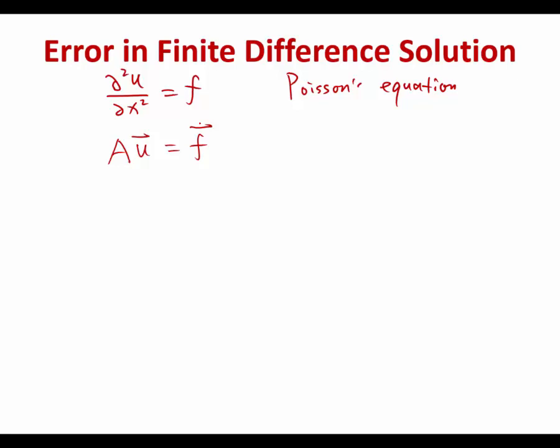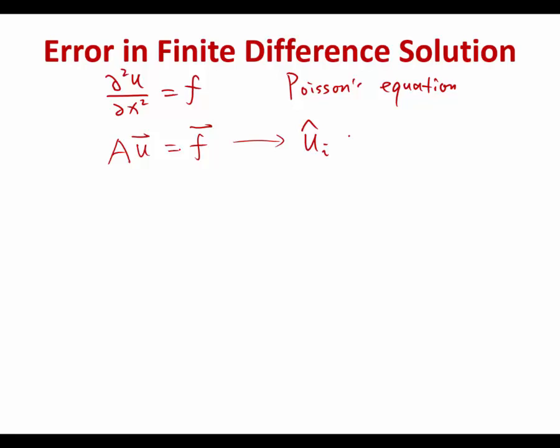Usually we denote the analytical solution and the numerical approximation using the same letter, but in this case, because we are explicitly looking at the difference between the analytical and the numerical solution, we need a slightly different notation. Let's say U_i hat is the solution of the finite difference approximation.